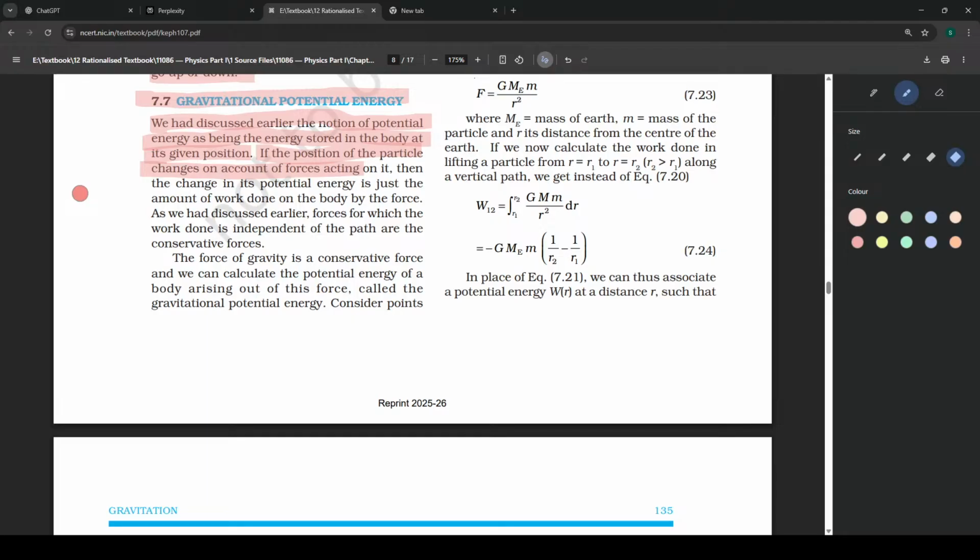If the position of the particle changes on account of forces acting on it, then the change in its potential energy is just the amount of work done on the body by the force.